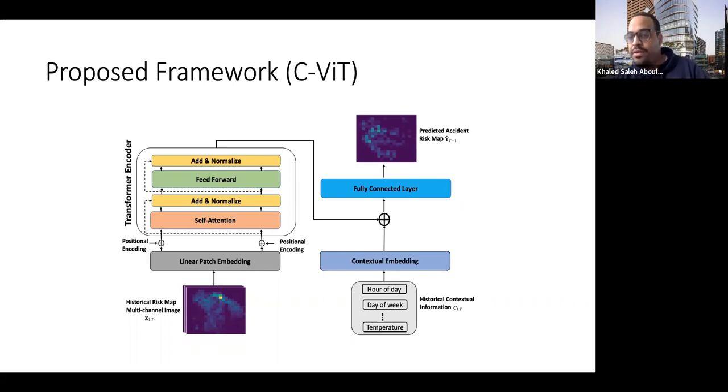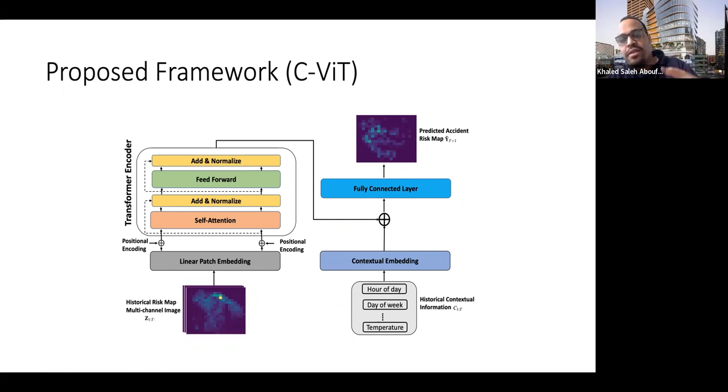But in addition to the past 3 hours, we also accommodate the past 4 weeks for this specific region, and what the traffic accident risk was. So the historical accident risk map for us at this stage became 7, which corresponds to 3 hours and 4 separate previous weeks for this specific area. This makes our historical map a multi-channel image, where the number of channels is the number of historical data, which in our case is 7.